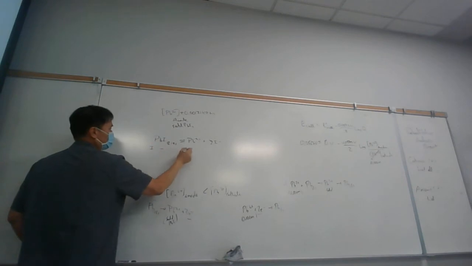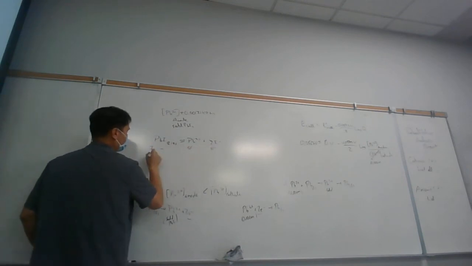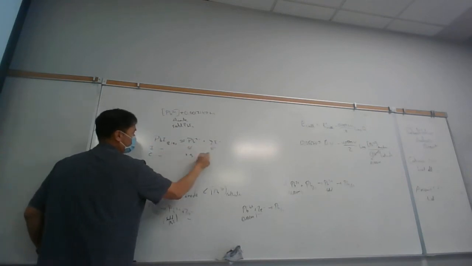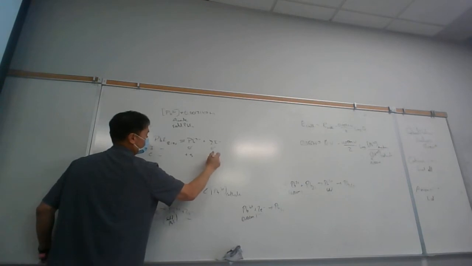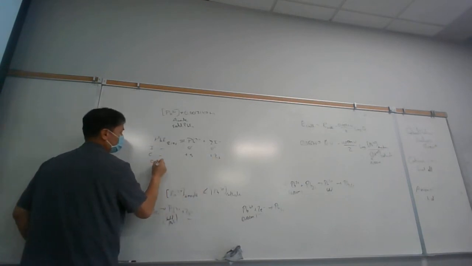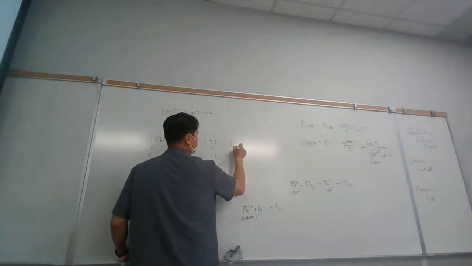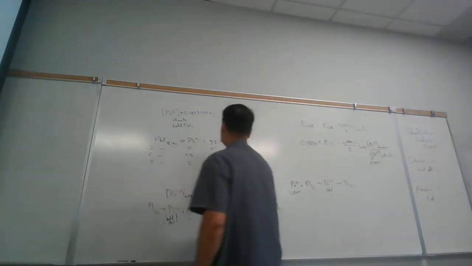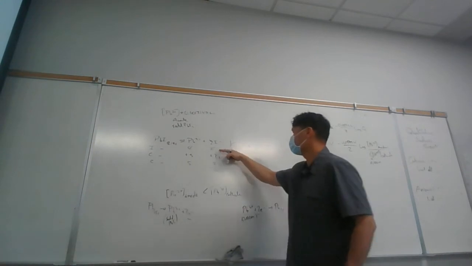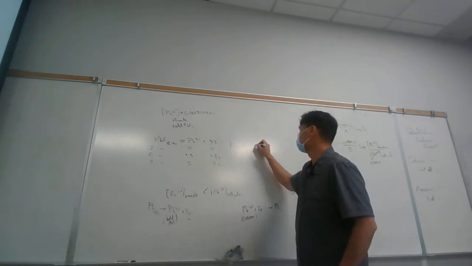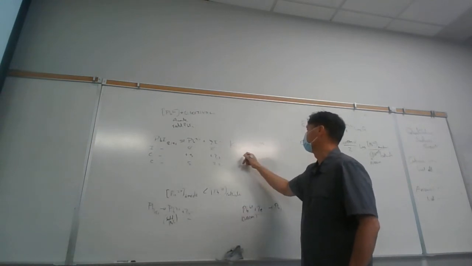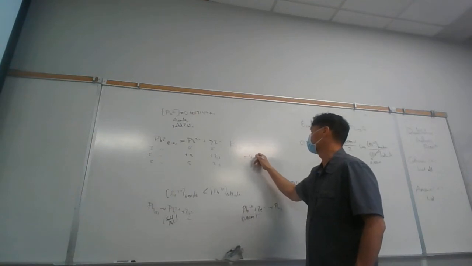So initial, let's say there's 0, and then the change is going to be plus S, plus 2S. And so at equilibrium, I'm going to have S and then 2S. And so the KSP here is going to equal the lead concentration, which is S, times the iodide concentration squared, which is 2S squared. And so the KSP is equal to 4S cubed.